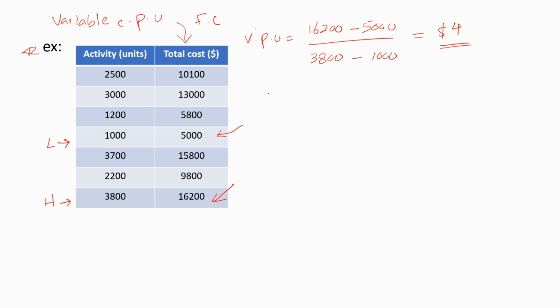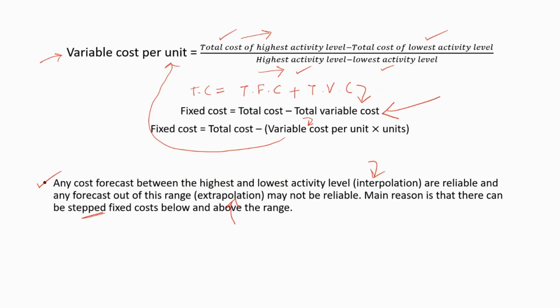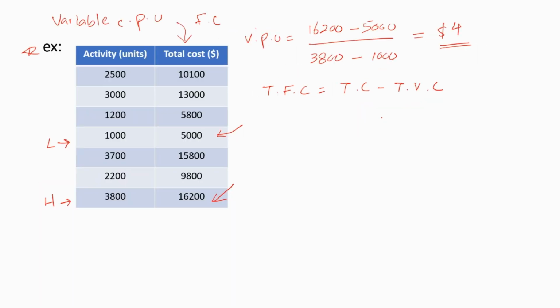Now that we have the variable cost per unit, we can calculate the total fixed cost. Total fixed cost is equal to total cost minus the total variable cost, which is this formula. Now we can select either the total cost for the lowest level or the highest level. Do not consider other values for this calculation.